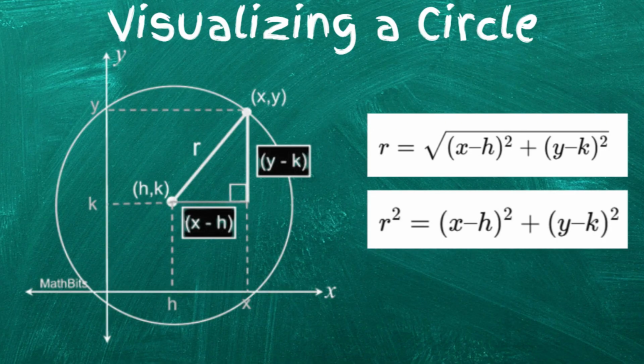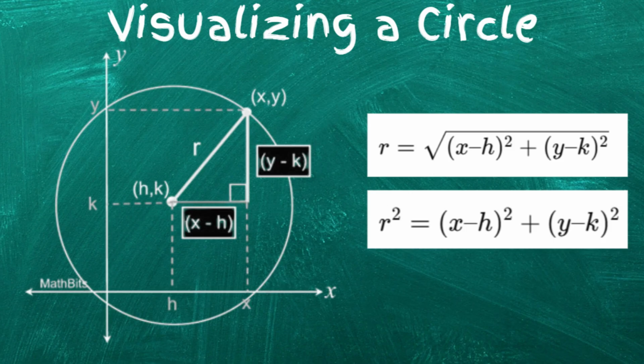A circle is the set of all points that have the same distance from one fixed point. You call this fixed point the center, and the constant distance is the radius. So if you imagine a point moving around but staying the same distance from the center, it traces a perfect circle.